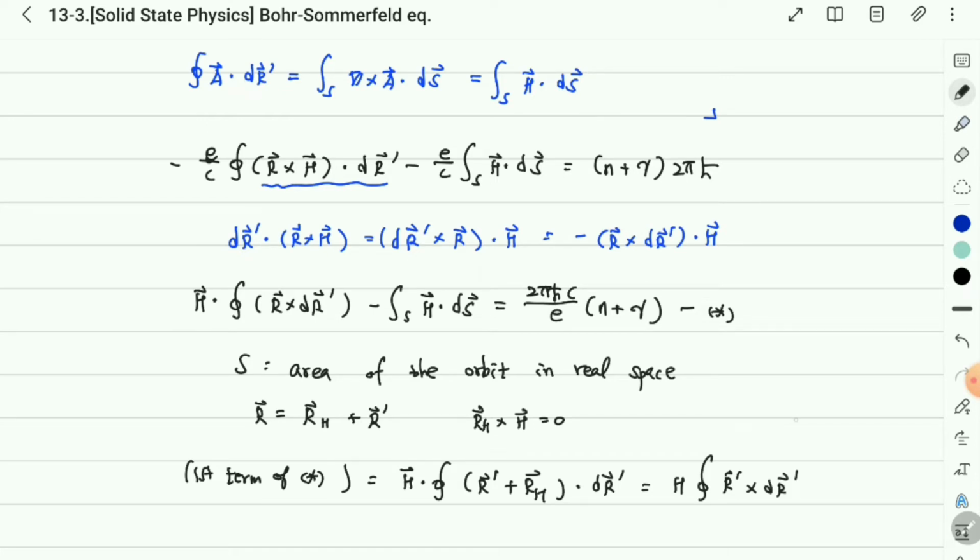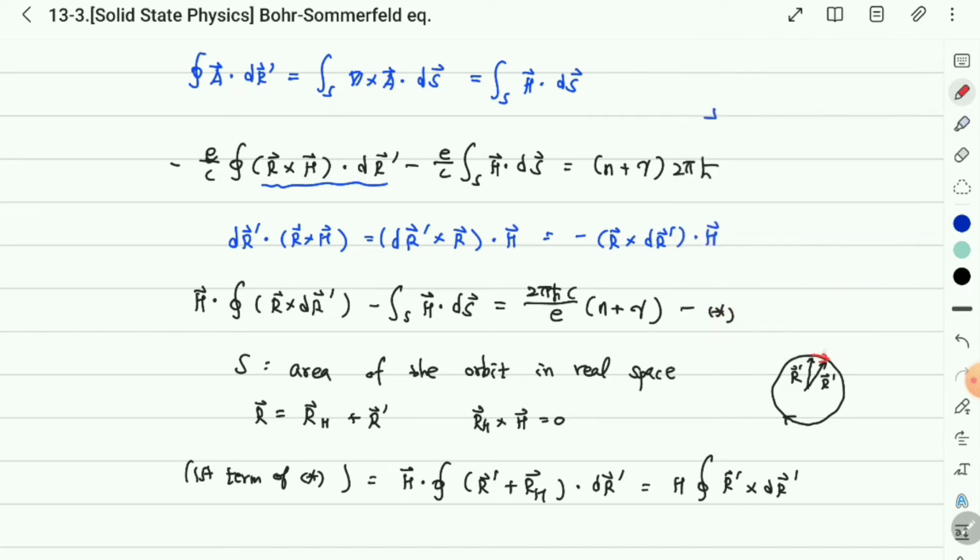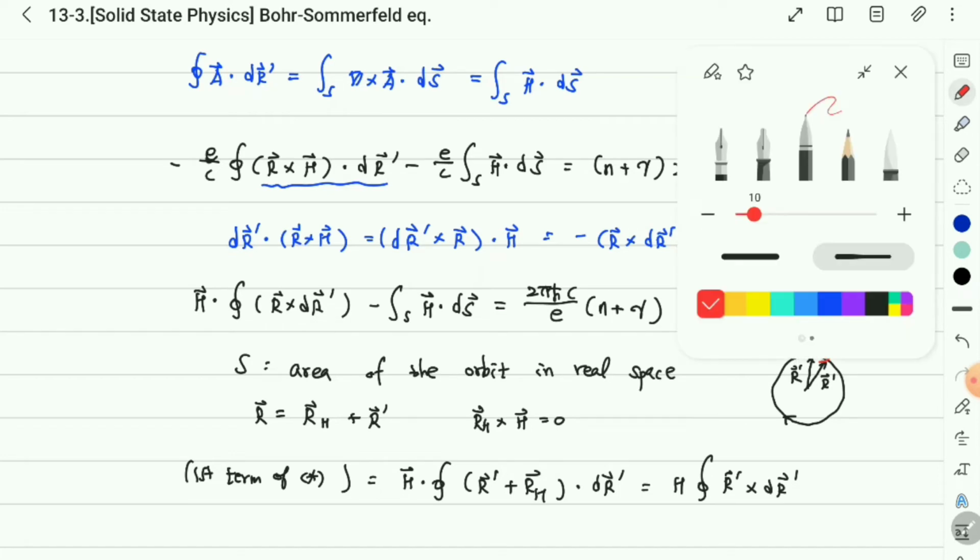In real space, the electron circulates in some region, and here R means R prime, or R prime 1; they can be exchangeable like this. Here dR prime is not parallel to R prime. Therefore, R prime cross dR prime is not zero.